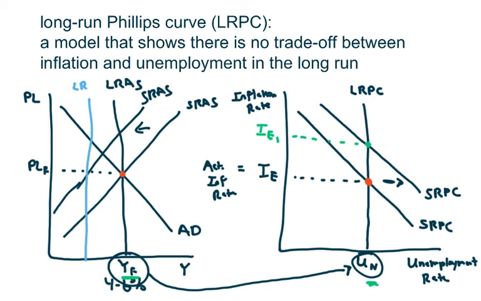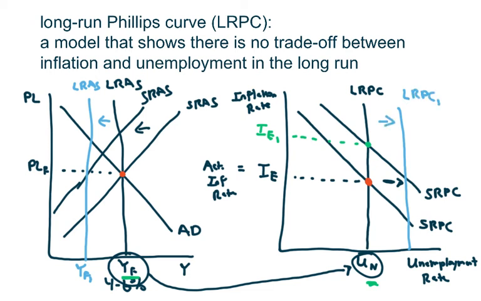So for example, if we move LRAS to the left, that means we now have less GDP, right? Less full employment output, which means if output has fallen, remember it's an inverse, unemployment would increase. And so that's going to move LRPC to the right.